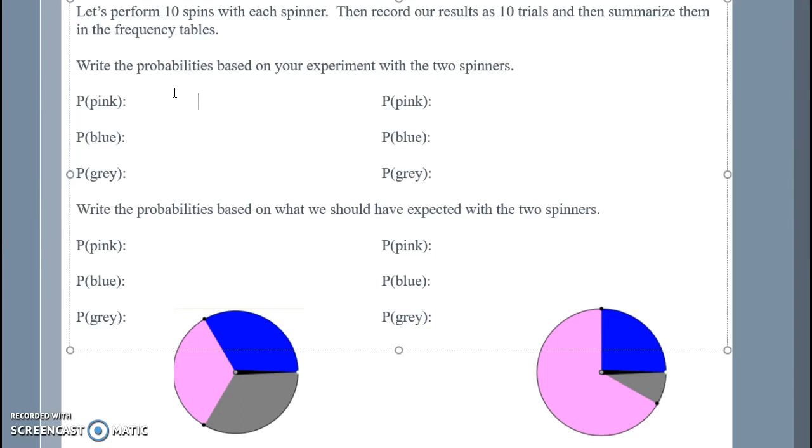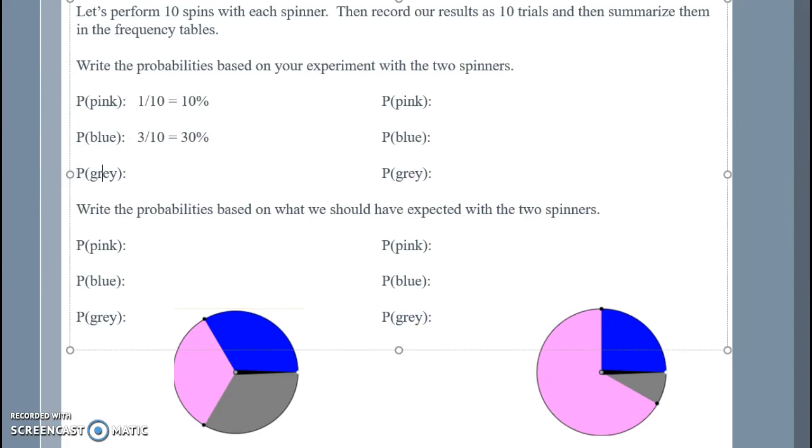So the first one here, we ended up with 3 out of 10 happening to be blue, or 30%. Okay, or pink, I'm sorry, 1 out of 10. So 10%. The blue, therefore, was the 3 out of the 10. And that gave us 30%.